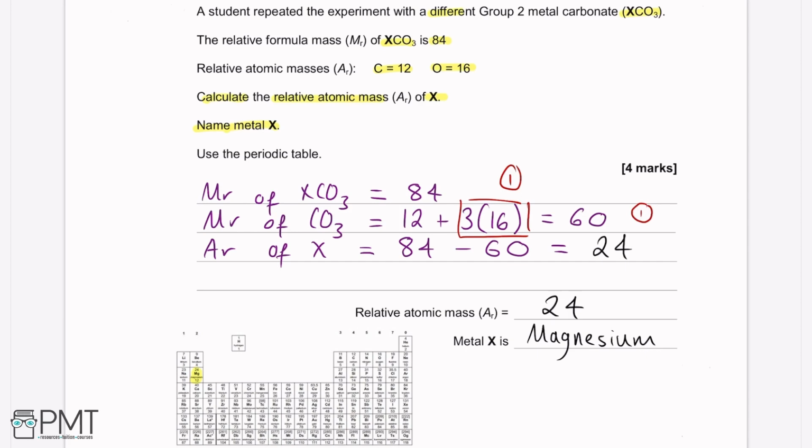Or you could have just put 60 to get that second mark. The 3rd mark then is getting to 24, or showing that bit of working out, that 84 minus 60 gets you to 24. And then the final mark was for identifying metal X to be magnesium.